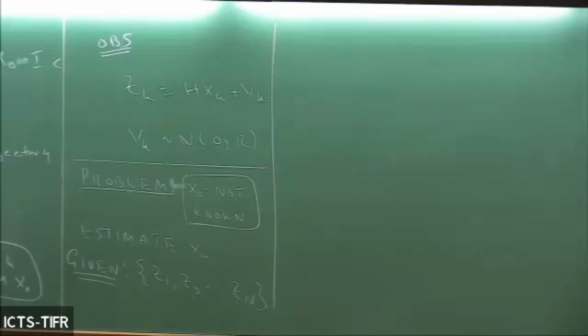So xk has information about x naught. Z has information about x. Are you all with me, please? So Z indirectly contains information about x naught.